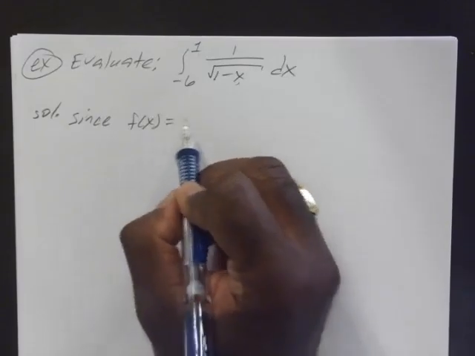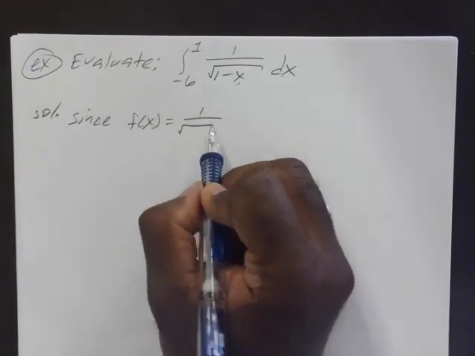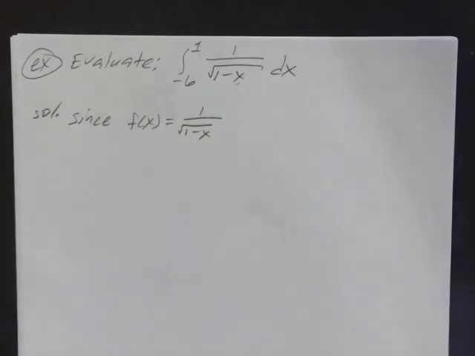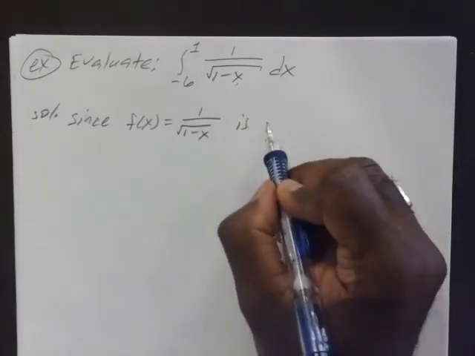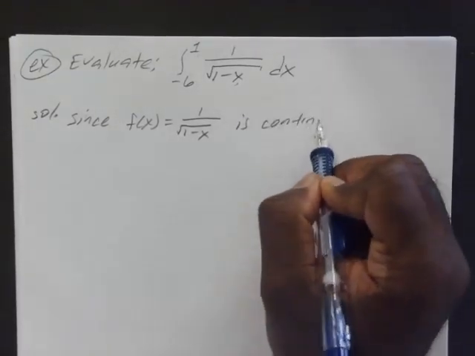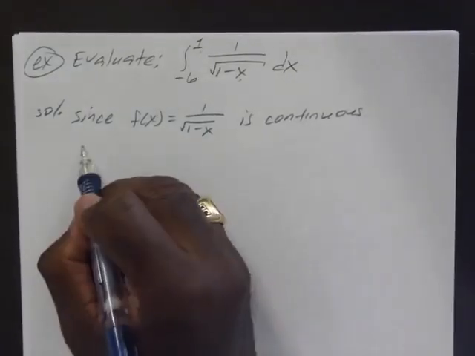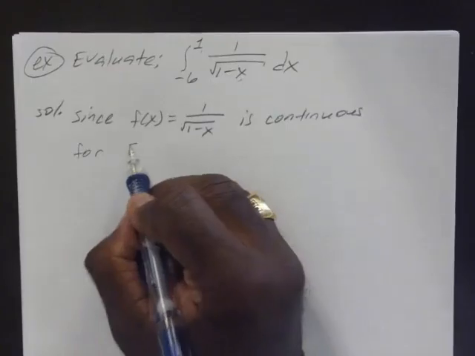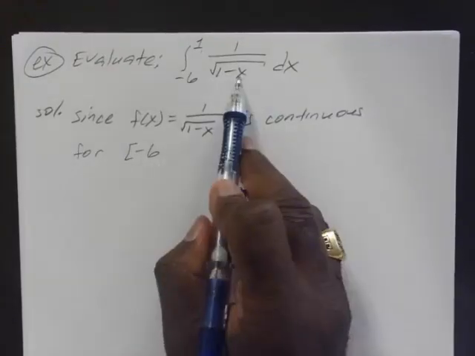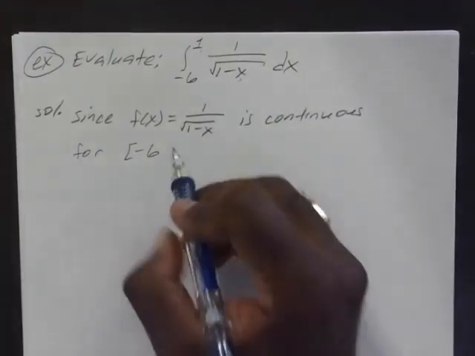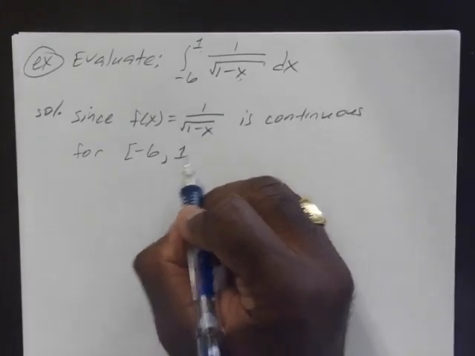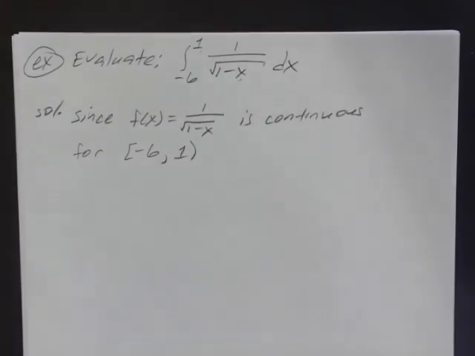So we know that just by that little fact, f of x equals 1 over the square root of 1 minus x is only continuous for x greater than or equal to -6, because you can plug in -6 and be just fine. But 1 you cannot, so you have to have that parenthesis.